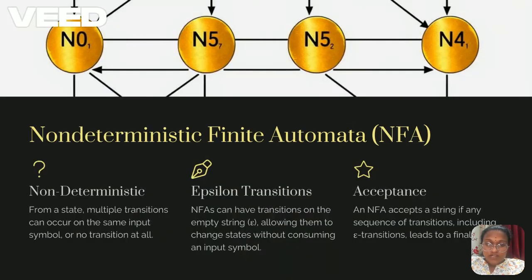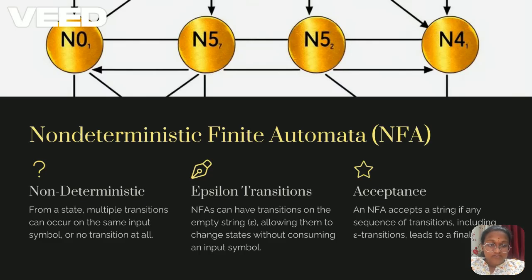So, what is a non-deterministic finite automaton? In an NFA, from a state multiple transitions can occur on the same input symbol, or no transition at all. That is, in a DFA we had only one transition from a state, but in an NFA it can have multiple transitions.